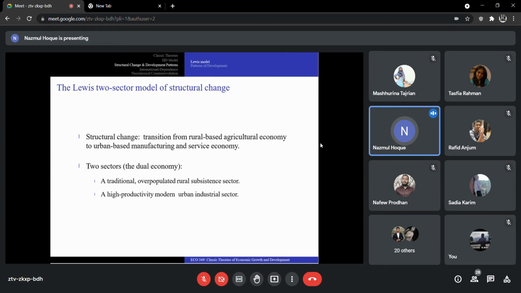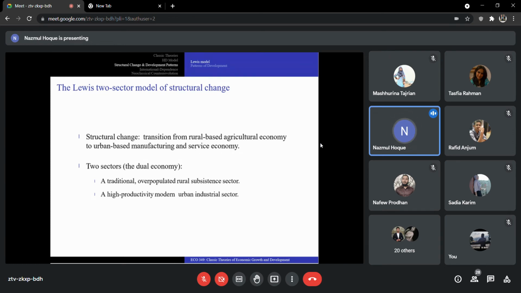Structural change theory, our theory of structural change and development patterns. This idea was one of the major ones that dominated after the discussion sometime in the 70s.